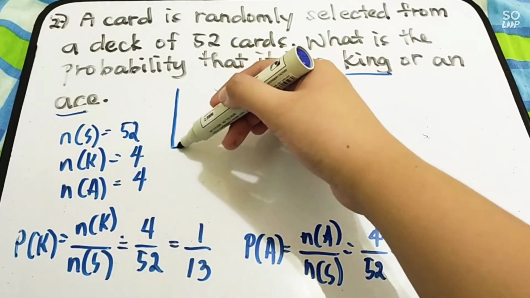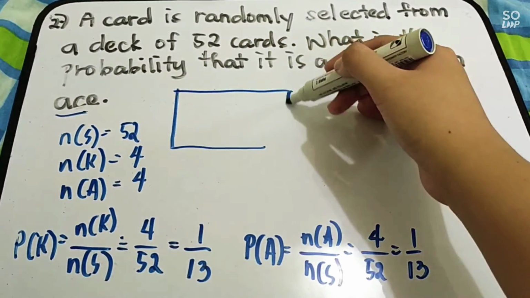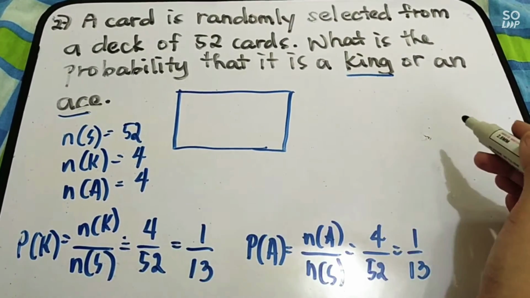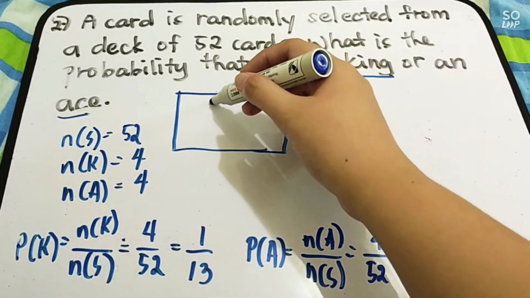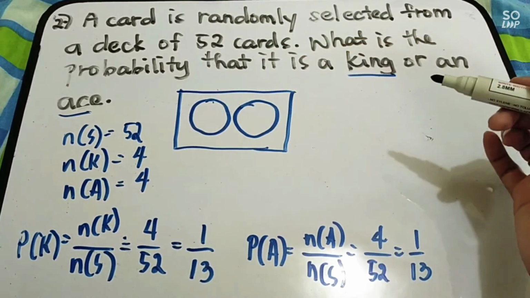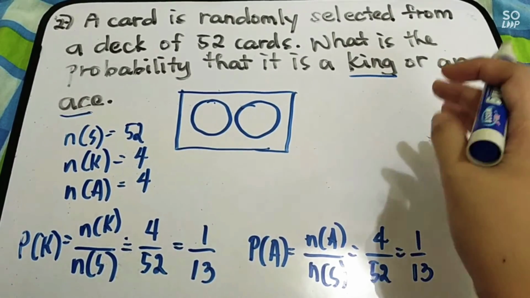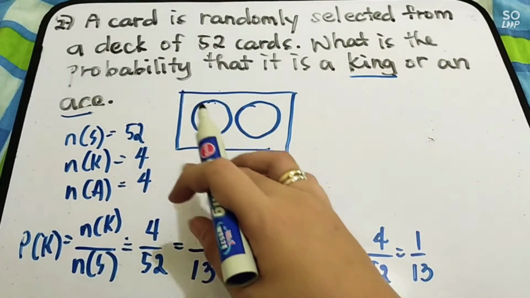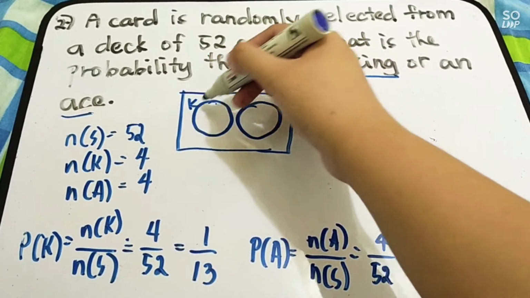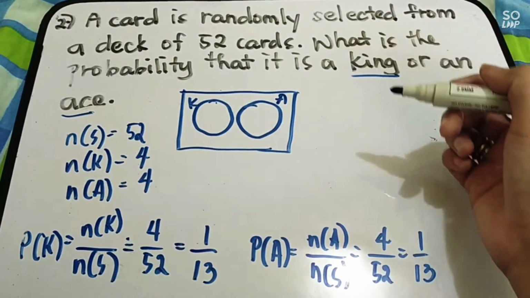Next tayo, gawa tayo ng Venn diagram. Kung mapapansin nyo, meron kayang magkakamukha kay King at Ace? Di ba wala? So, therefore, yung ating Venn diagram ay magkahiwalay ngayon ang ating circle. Kasi walang mag-i-intersect sa kanila. Walang magkamukha kay King at saka kay Ace. So, dito yung King, then this one yung Ace.